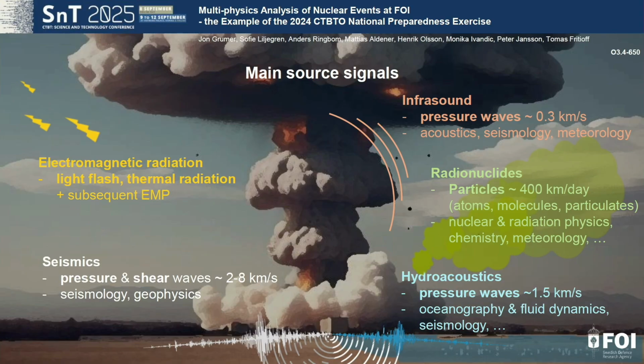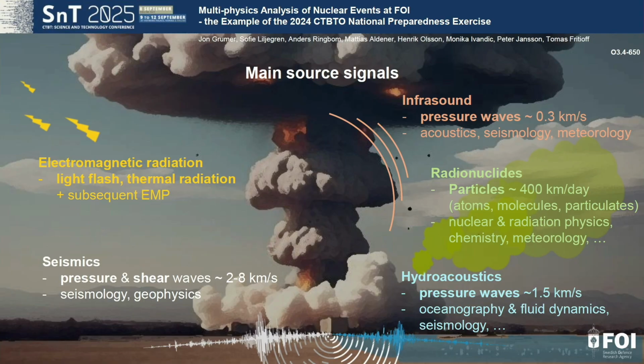This is, of course, something you all know, I'm sure, but just to take you through all the main signal sources that we're dealing with. Starting from the top right and going clockwise, we have infrasound, which are, of course, acoustic pressure waves traveling at slow speed through the atmosphere. And understanding that requires an understanding of acoustics, typically seismology, there's a big overlap there, and also meteorology.